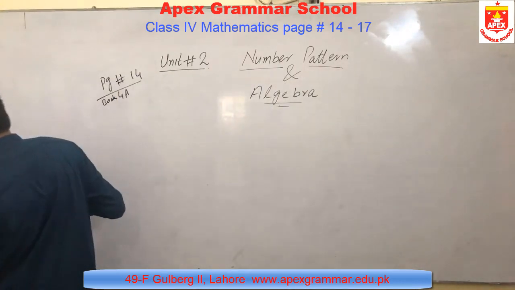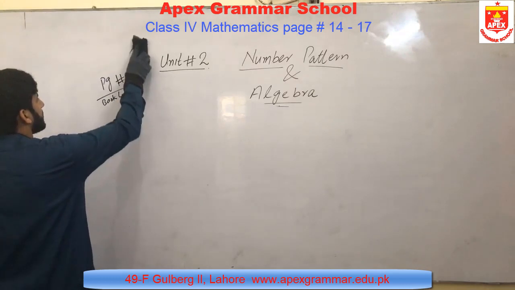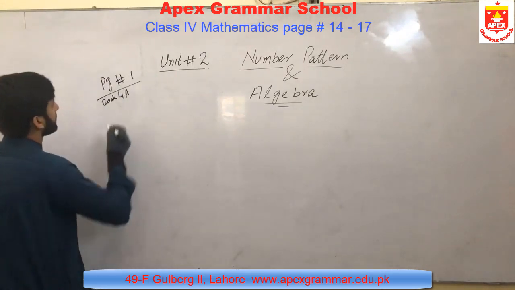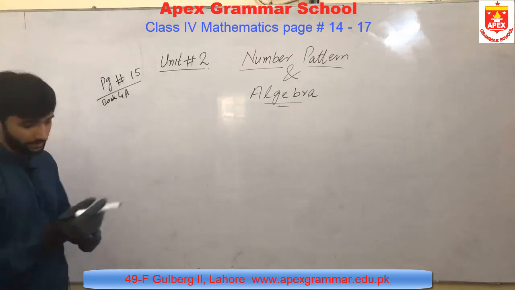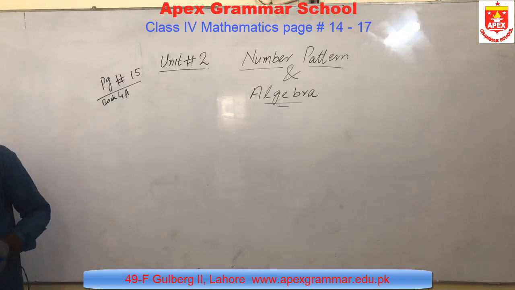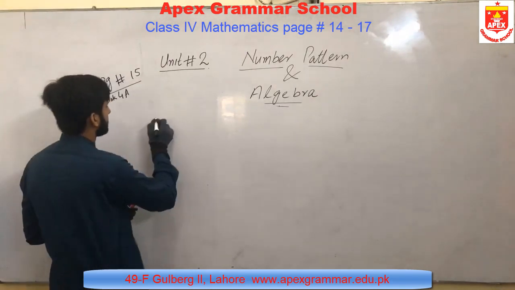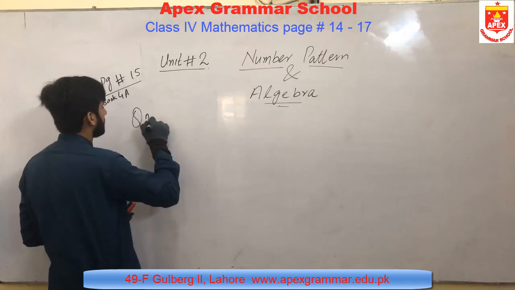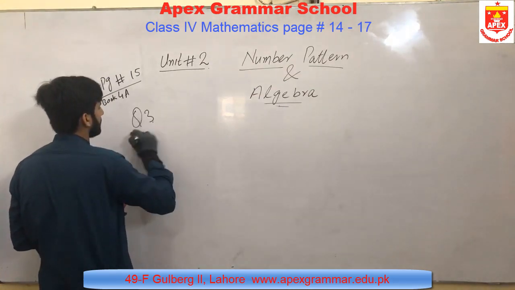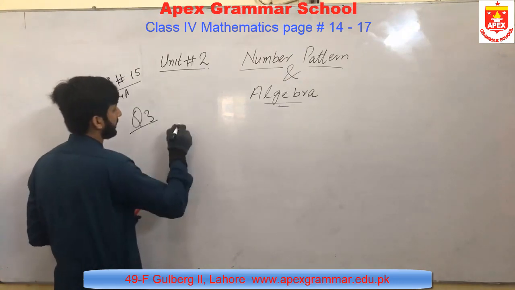Now let's move on to page number 15. Write the value of each number shown in the arrow cards. Question number 3, page number 15.